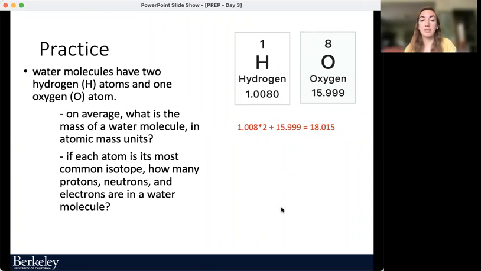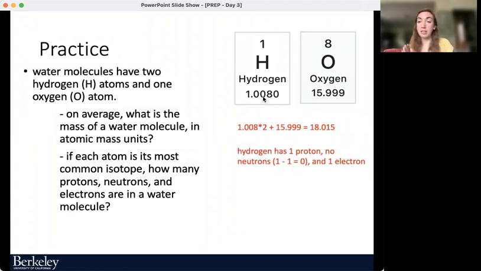First we need to figure out how many protons, neutrons, and electrons are in each hydrogen atom and each oxygen atom. So hydrogen has 1 proton. That's what this atomic number means. And this was a question that somebody asked. It's a good question. On average, there are no neutrons at all. So the mass is 1 and there's 1 proton.